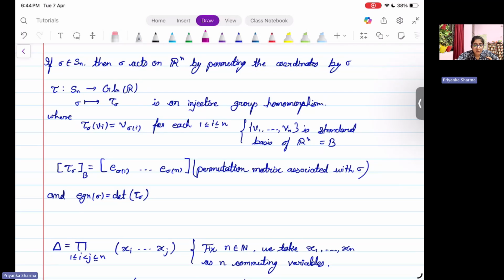For this, we need the standard basis for R^n, which is e_1, e_2, up to e_n, and tau_sigma with respect to the standard basis B is the matrix where the first column will be e_sigma(1). Here sigma(1) is the image of 1 under sigma, so we will get some e_i, the i-th element in the standard basis of R^n.